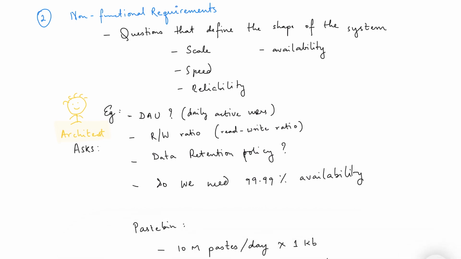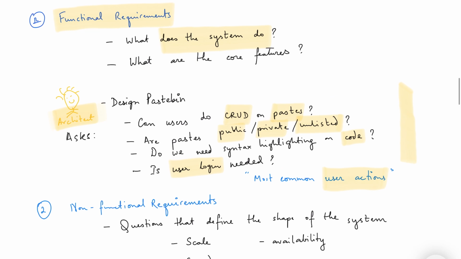So non-functional requirements are those questions that define the shape of the system. If you think of it in terms of a building, it will define the shape and the capacity and how tall the building will be. Basically, those types of questions. It will not tell you what functionality the system will have.